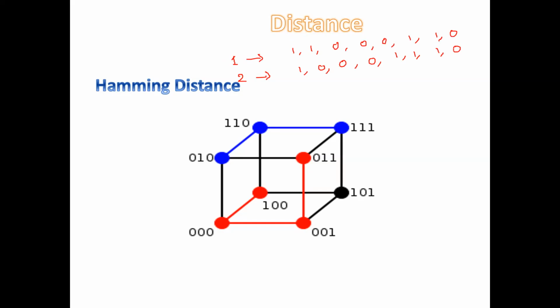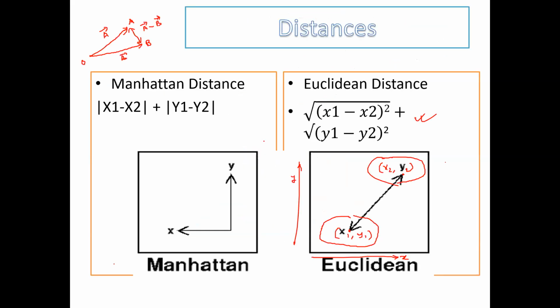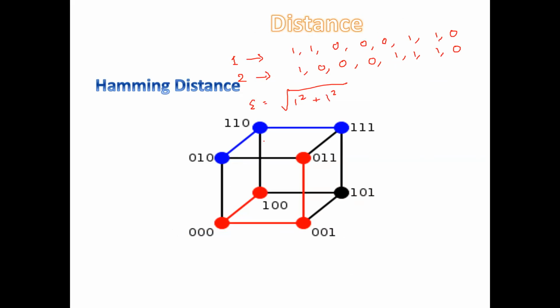Now, if I had used Euclidean distance here, it would have been 1 squared plus 1 squared and the root of that. Manhattan distance is more or less the same in the context of 1s and 0s.